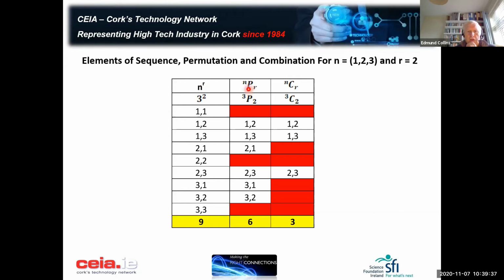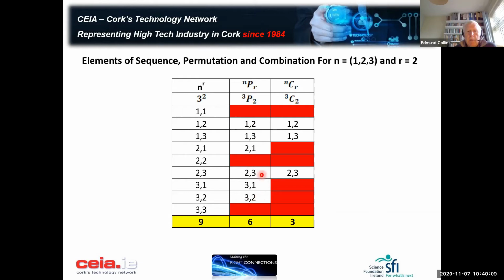However, if we move along to the permutation, the nPr, and we put n is 3 and r is 2, duplicates are not allowed here. So 1, 1 isn't allowed. We've already used 1, so we can't use it again. 1, 2 is obviously allowed. 1, 3, 2, 1, 2, 3, 3, 1, and 3, 2.